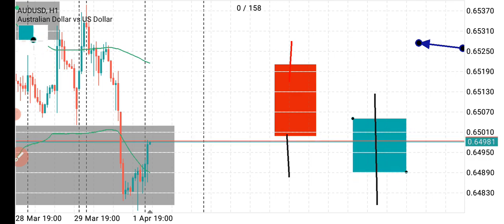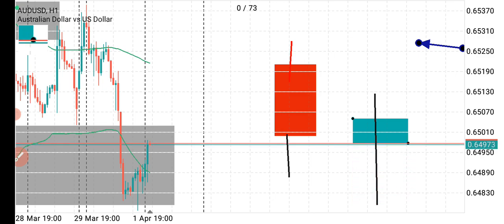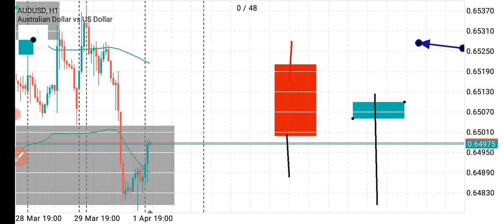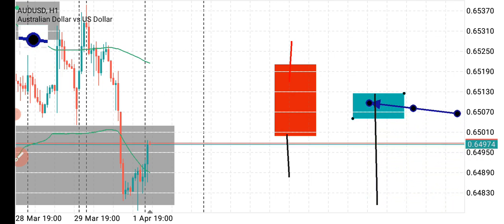Sellers push the price all the way down, then buyers will begin to push and push until the price closes here. And automatically it becomes a pin bar. Why? Because there is a time sellers push the price all the way down, and then buyers push it back and close it as a pin bar or as a hammer.